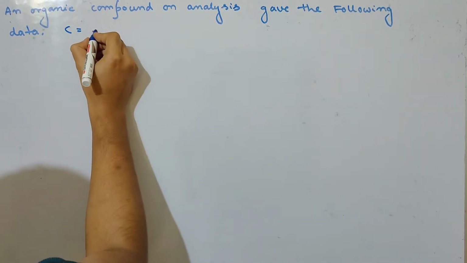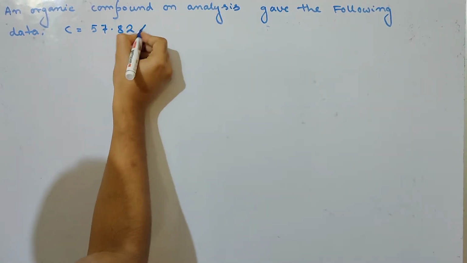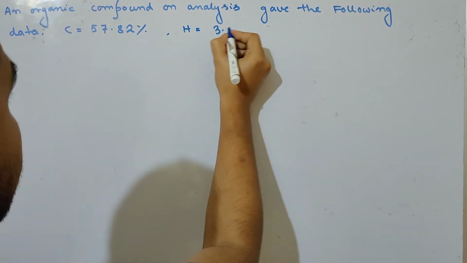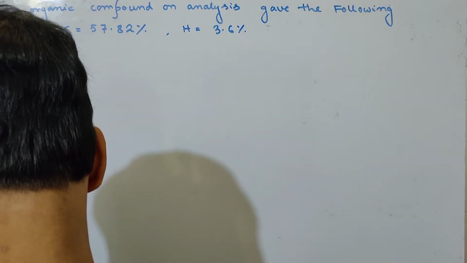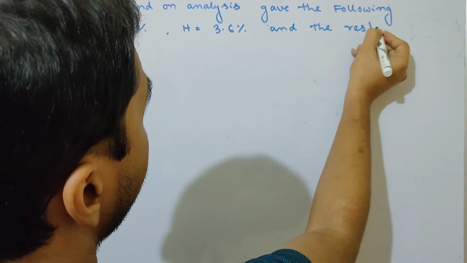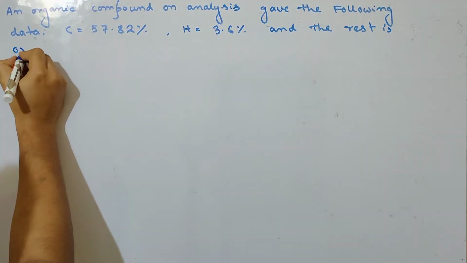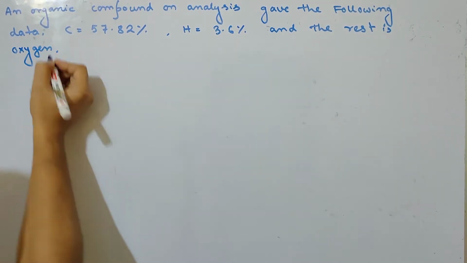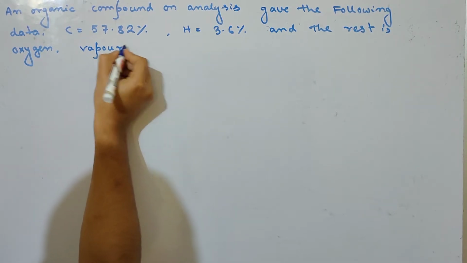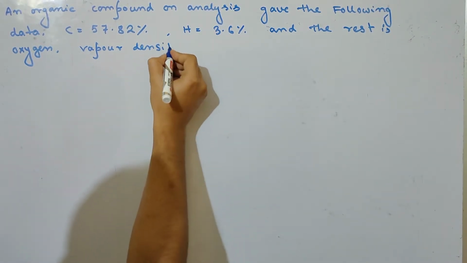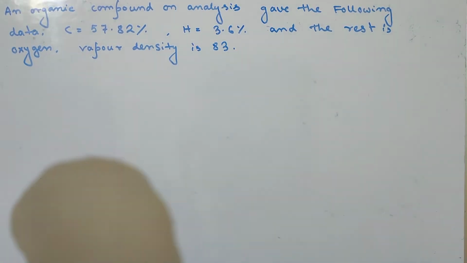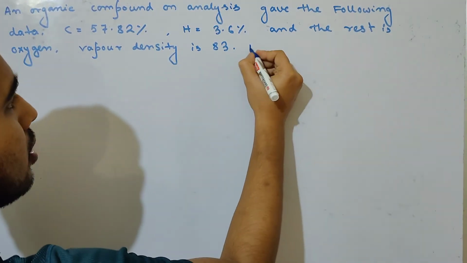C is equal to 57.82%, hydrogen is equal to 3.6%, and the rest is oxygen. Vapor density is given as 83. Find its empirical and molecular formula.